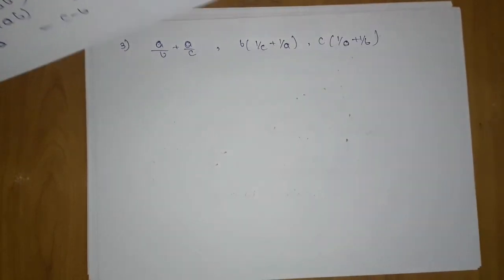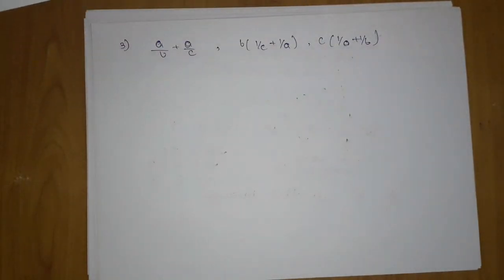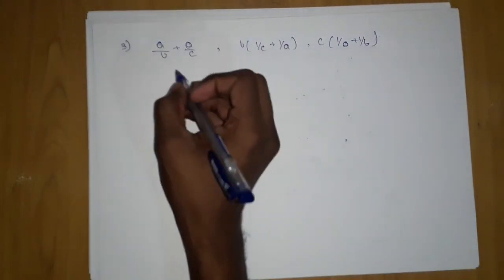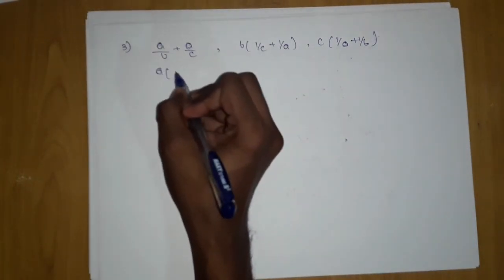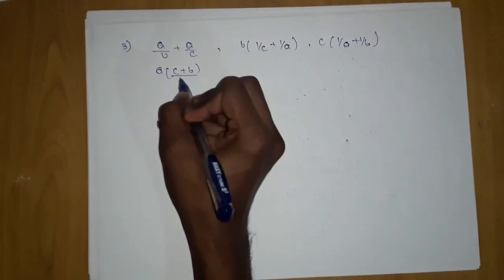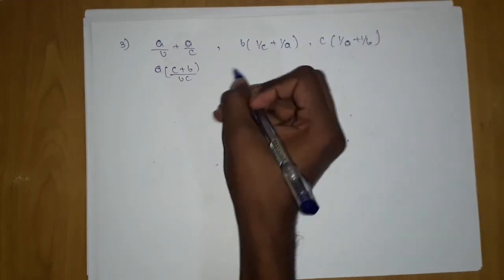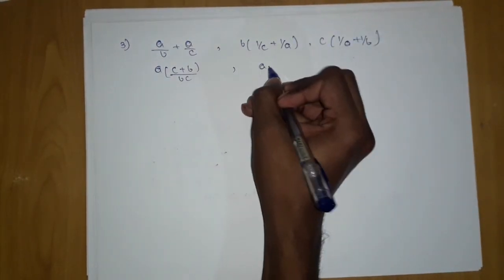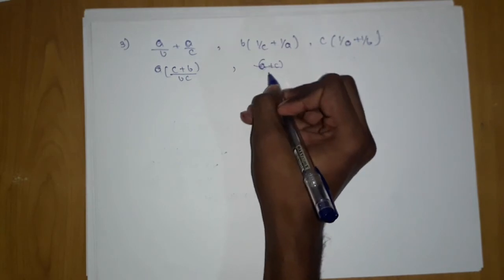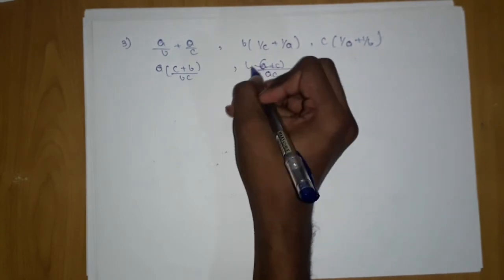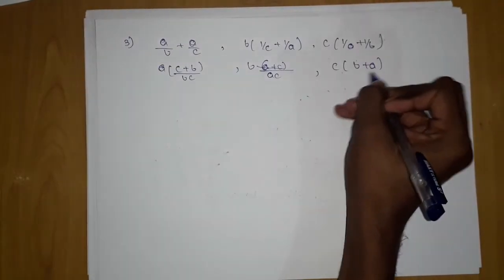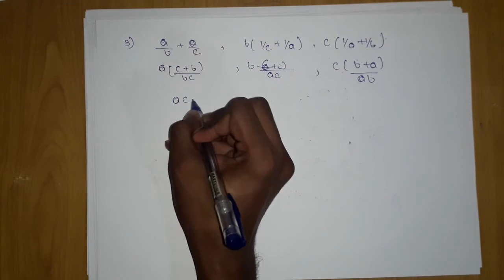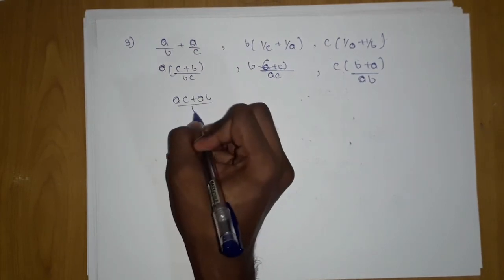Now what we can do is, if I take a common and multiply, (c plus b) upon bc, right, and here (a plus c) upon ac, right, into b, and here c into (b plus a) upon ab, right. And if I multiply a inside, I get (ac plus ab) upon bc.